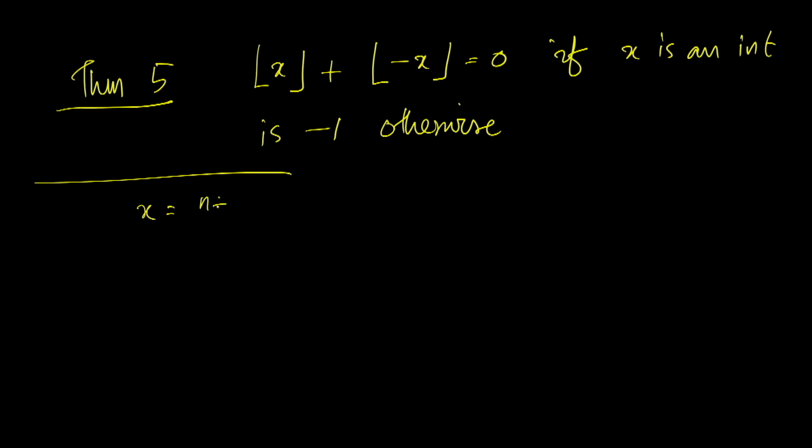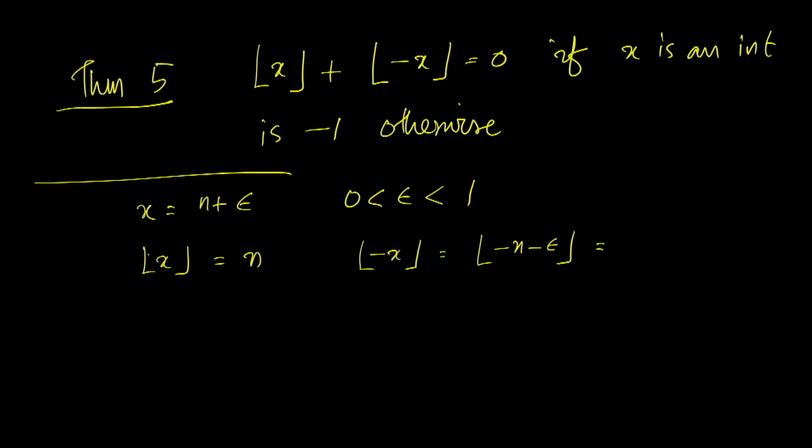Suppose x is n plus epsilon, where epsilon is neither 0 nor 1, it is strictly between 0 and 1, in which case floor of x is n, floor of minus x is floor of minus n minus epsilon. So, we are looking at the integer which is smaller than this, but is the greatest, that will be minus of n plus 1. Therefore, when you take the sum, you have n plus minus of n plus 1, which is minus 1.